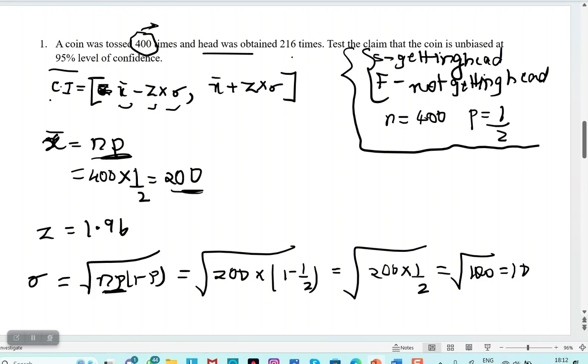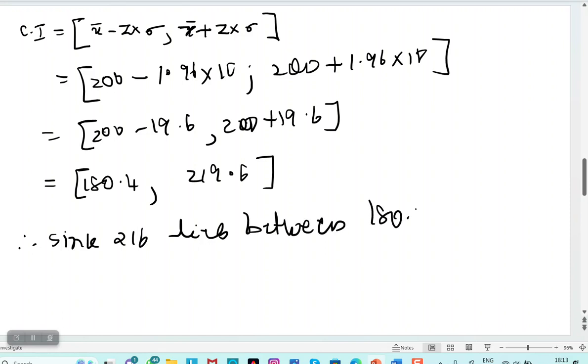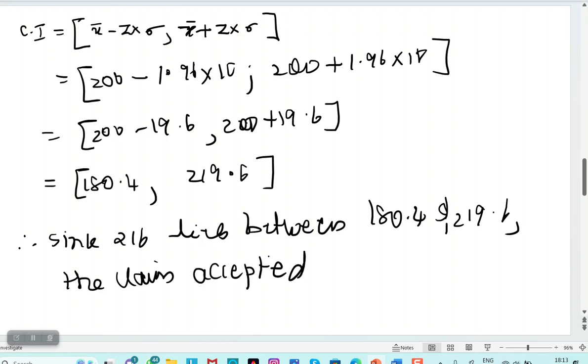The 216 given in the problem is the testing value. Since 216 lies between 180.4 and 219.6, the claim is accepted. If the value 216 did not lie between them, we would say that the claim is rejected.